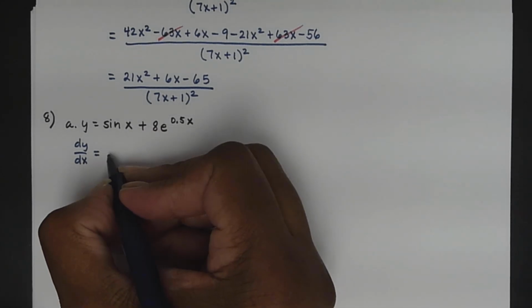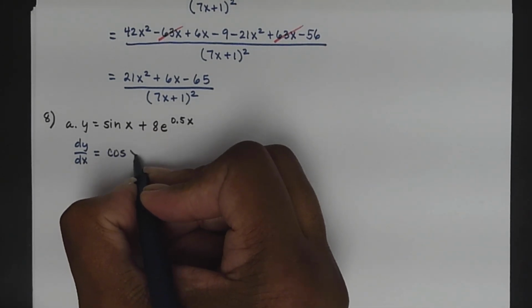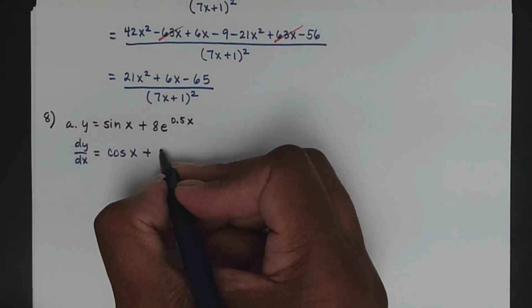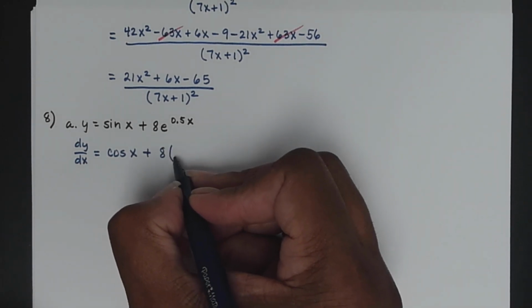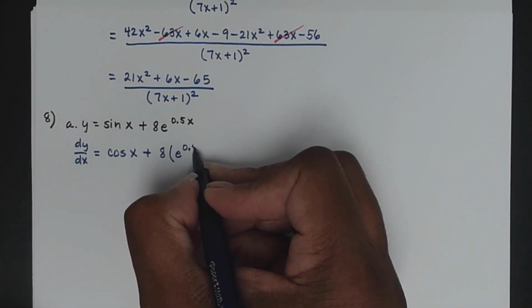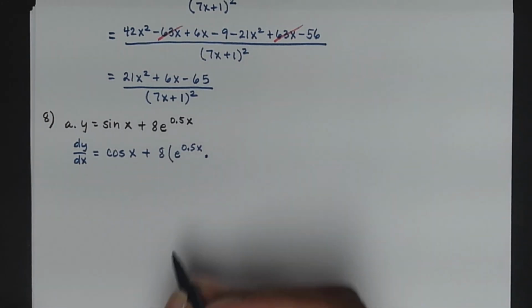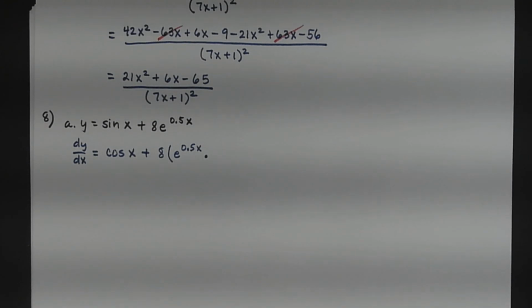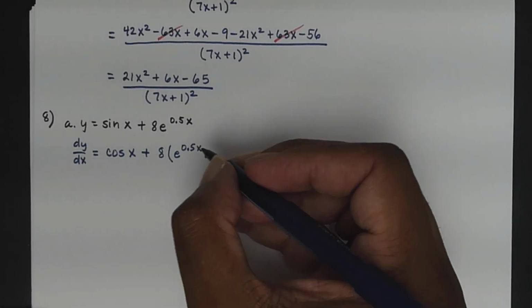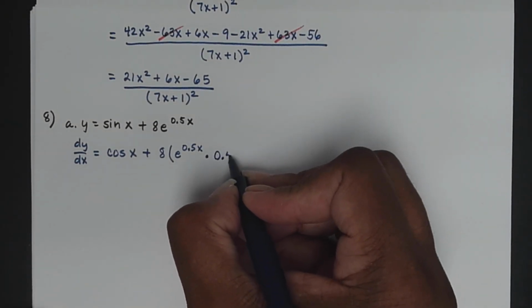The derivative of the sine of x is the cosine of x plus, bring this 8 down, the derivative of e to the 0.5x, that's simply e to the 0.5x. But I have to multiply it by the derivative of that exponent. The derivative of 0.5x will just simply be 0.5.